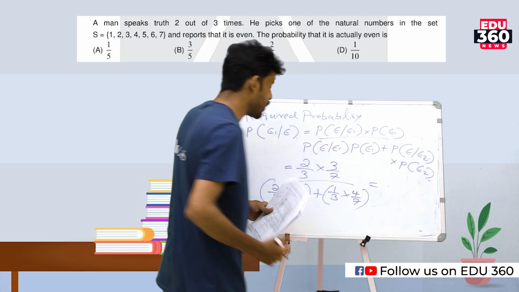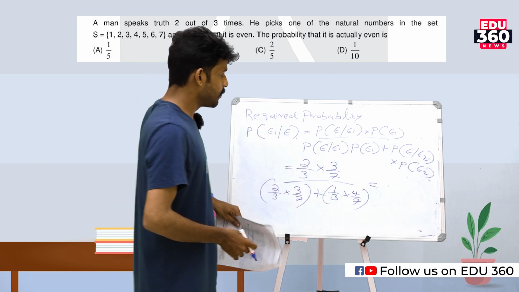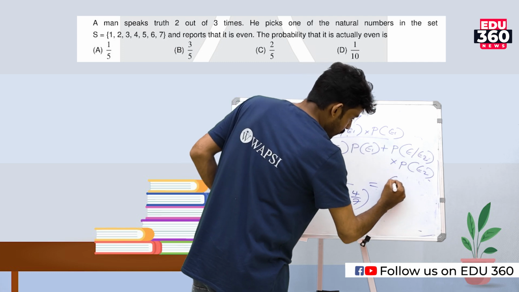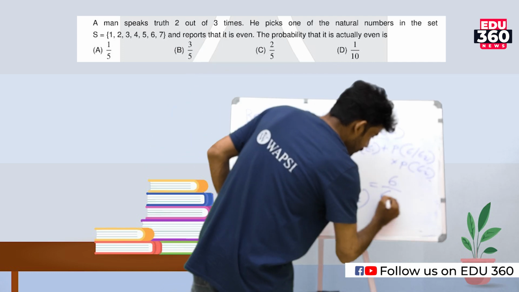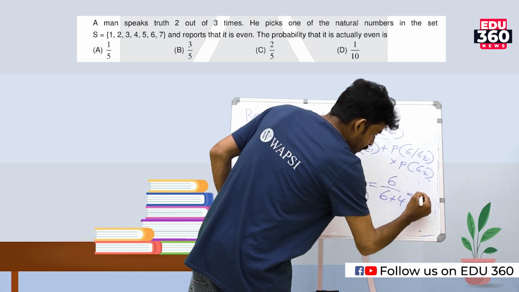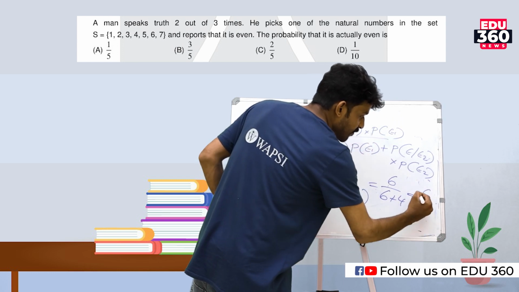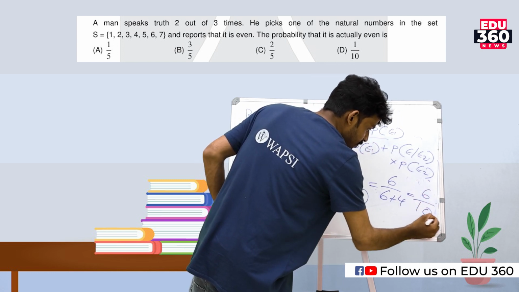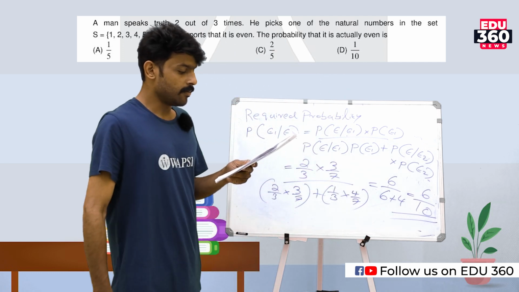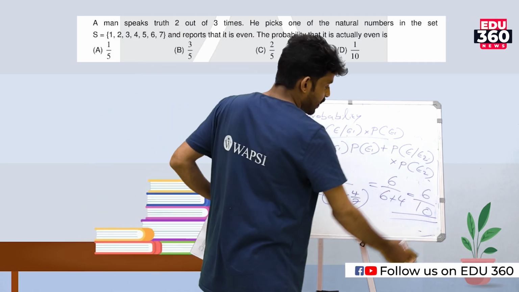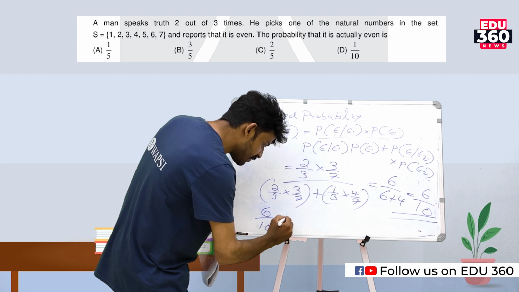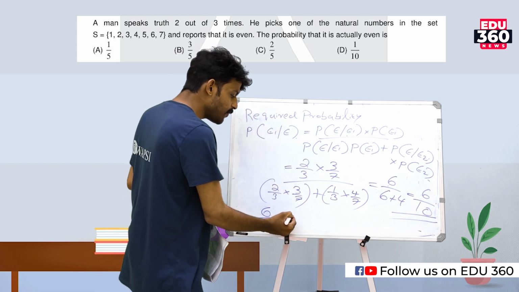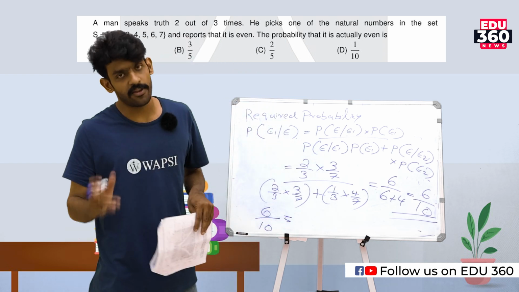In the next step, we can simplify. The answer is 6 divided by 6 plus 4, that is 6 divided by 10.